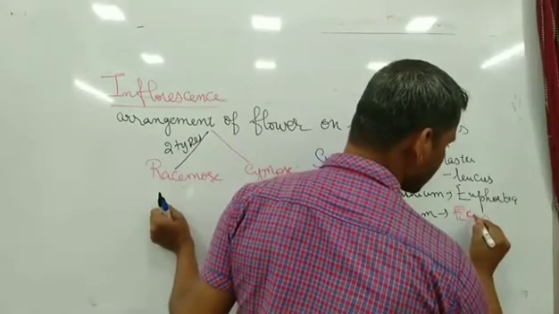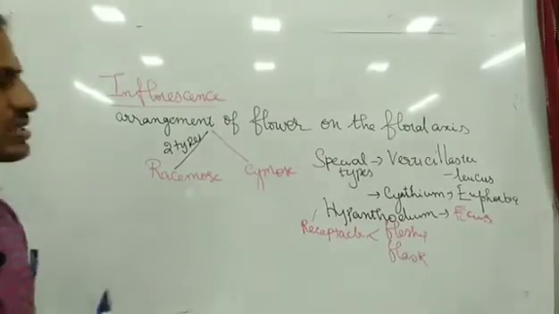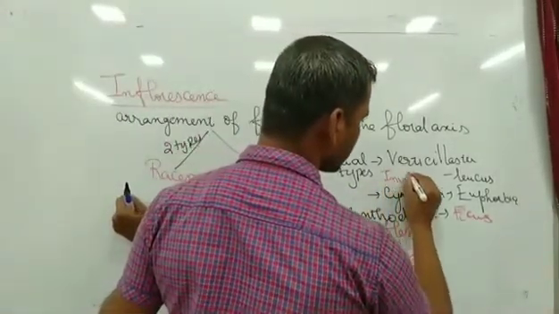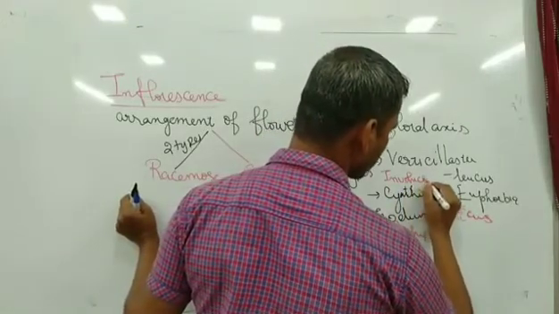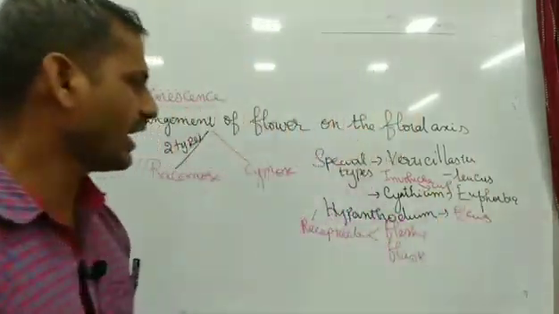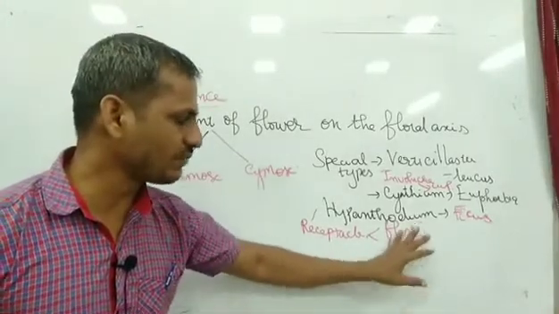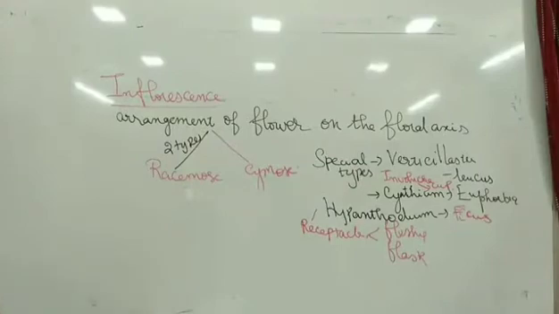In Cyathium, the involucre is cup shaped in structure. So here the receptacle is fleshy and flask shaped in the Hypanthodium. These are the very special types of inflorescence.